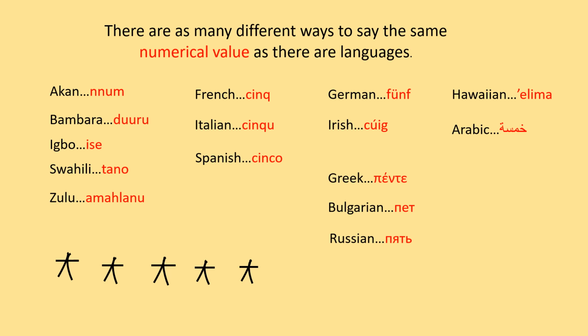We have 5 examples of an African language, 3 of what's considered a Romance language, 2 European, German and Irish, 3 other Europeans, which are Greek, Bulgarian, and Russian, and then we have Hawaiian and Arabic. There are as many different ways to say the same numerical value as there are languages. All of these languages are referring to the same quantity.